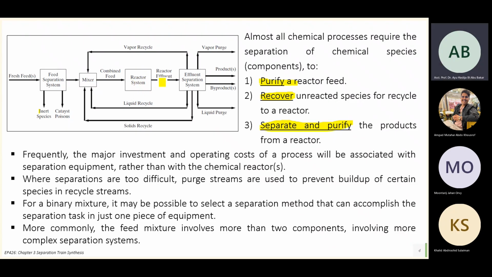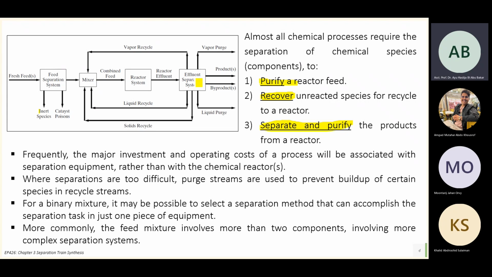Effluent of the reactor might consist of mixtures of products. These mixtures of products, perhaps mixtures of phases, you will need to separate and purify. In order to obtain your pure product, you will need to purify. So here, the separation system can be a few separation units.